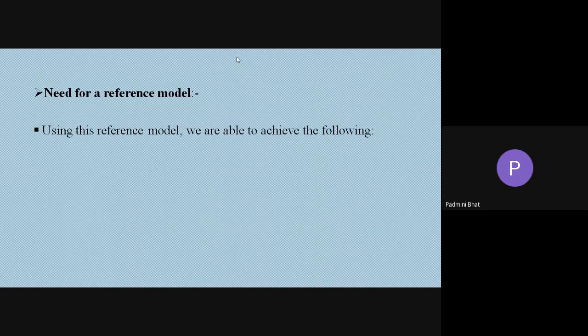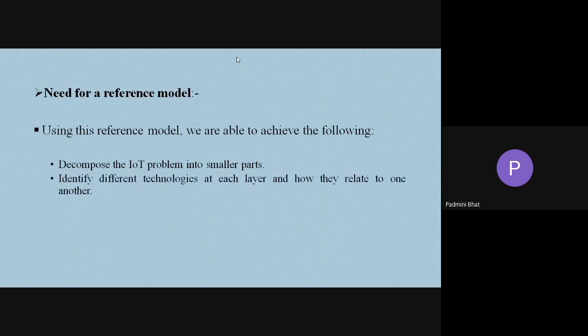Next, the need for a reference model. Why should we have a model? Using this reference model, we are able to achieve the following: decompose the IoT problem into smaller parts. Identify different technologies at each layer and how they relate to one another. Define a system in which different parts can be provided by different vendors.